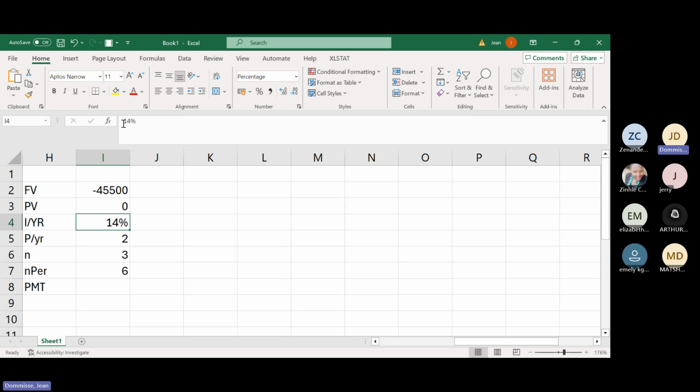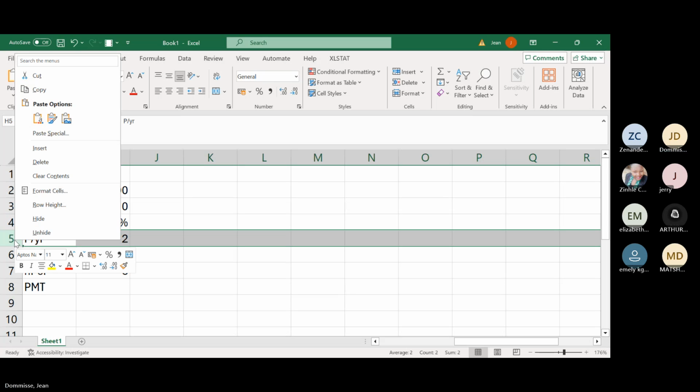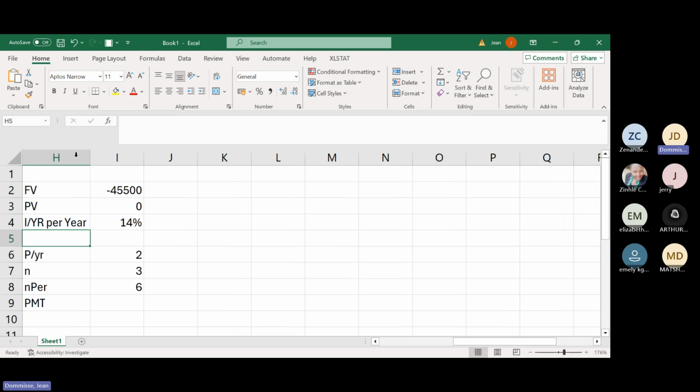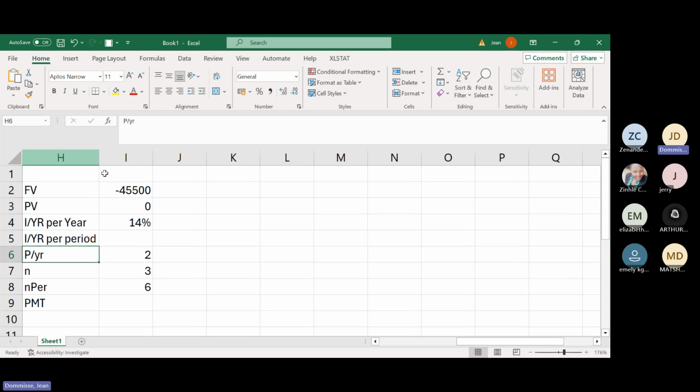And then the other thing we need to work out is your interest payment per year, and then what is your interest per period.